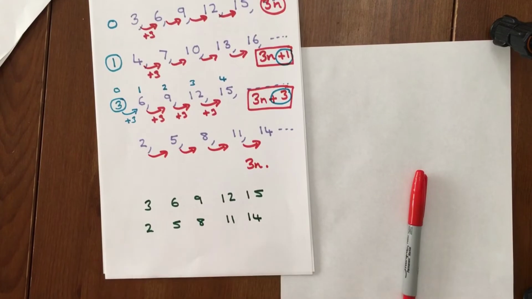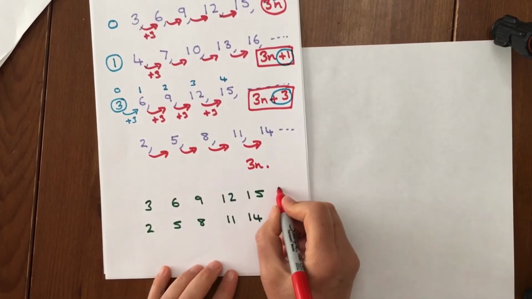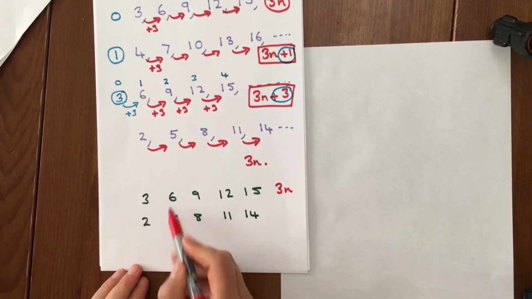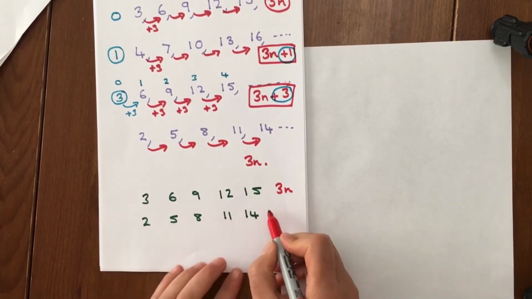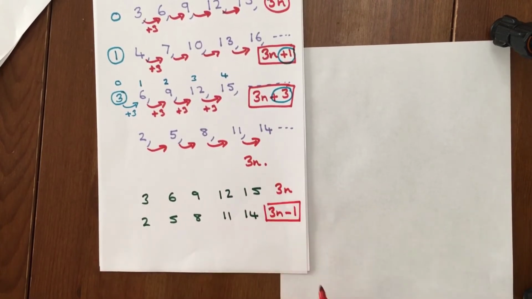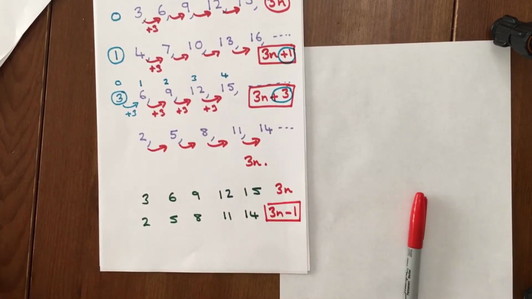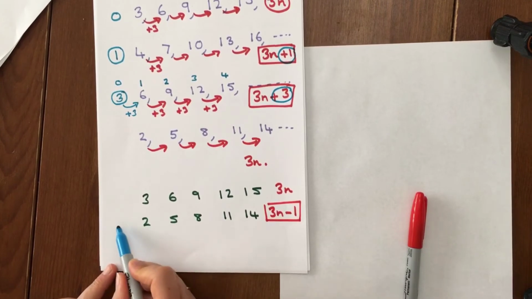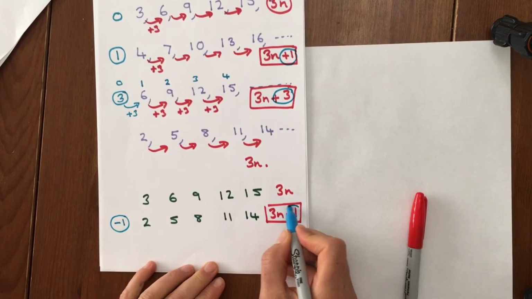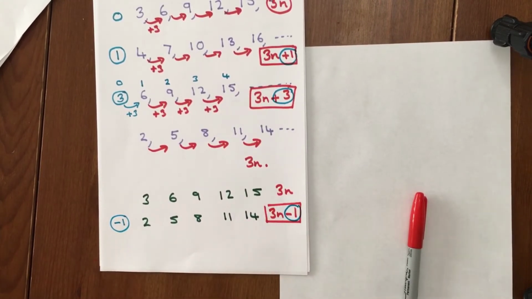So they're both going up in threes. This sequence is called 3n, but this sequence I can see is 1 less each time. So it's 3n minus 1. And if I went back, if I took away 3 here, I would get negative 1. So I can see that's what I have to add or subtract.